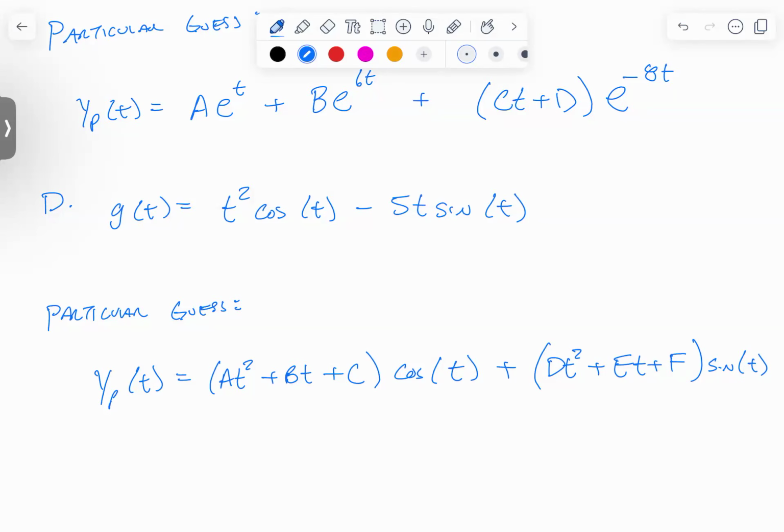Technically I have the function t squared cosine t that has constant a, and the function t cosine t that has constant b. So the constant is distinct for each distinct function, because I don't want to write this repetitively, as we're about to see.